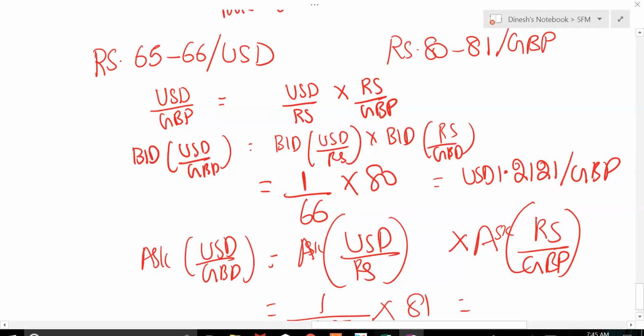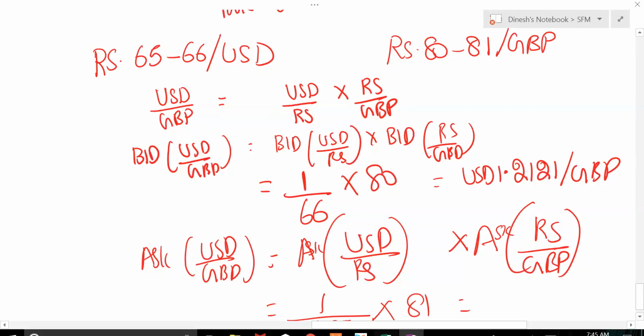Whether it is 65 divided by 80, 65 into 80, 66 divided by 80, 66 into 80, 80 by 66, 81 by 65, all this confusion will keep coming in international finance. If you are clear on this, in the entire set of problems I am going to discuss, this adjustment will keep coming up in all the questions.